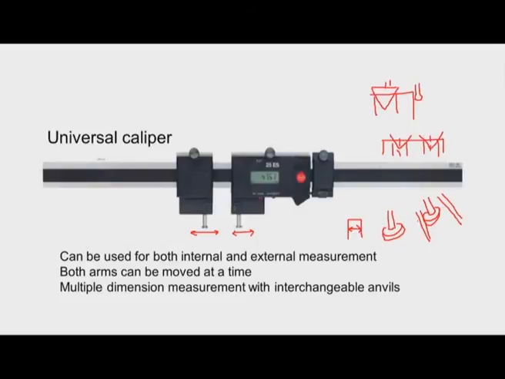So, like this various kinds of measurements are possible, and they are available with a wide range, like 0 to 150 millimeter, 0 to 300 millimeters with the resolution of 0.01, 0.001 with an accuracy of 2 microns, 3 microns. So, depending upon our requirement we can select this type of instrument.